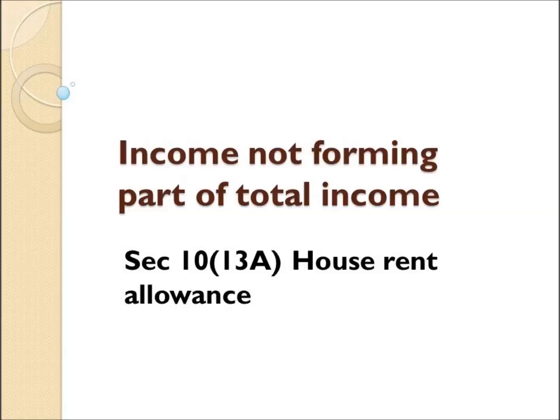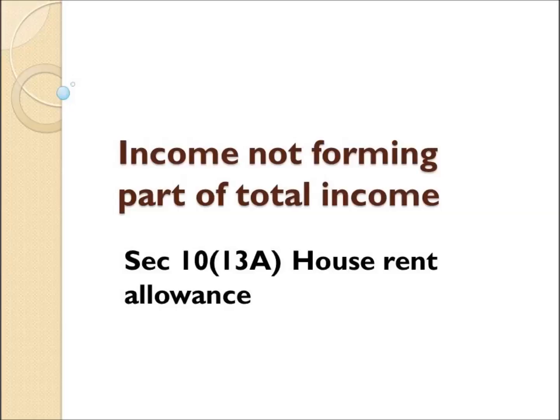Today again we are going to continue with our chapter 3, that is income not forming part of total income, and today we are going to discuss section 10 subsection 13A, which deals with house rent allowance.